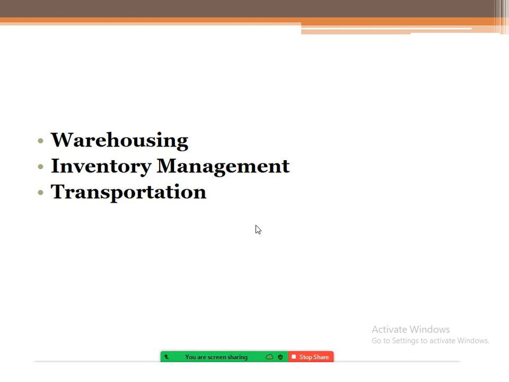Next is inventory management. Proper inventory management ensures that the company neither runs out of manufacturing components or finished goods, nor incurs the expense and risk of carrying excessive stocks of these items. Another issue is balancing the order processing cost against the inventory carrying cost.